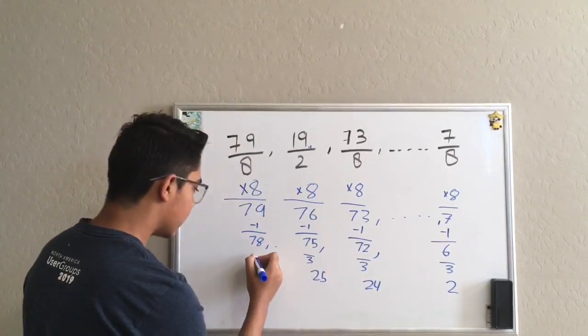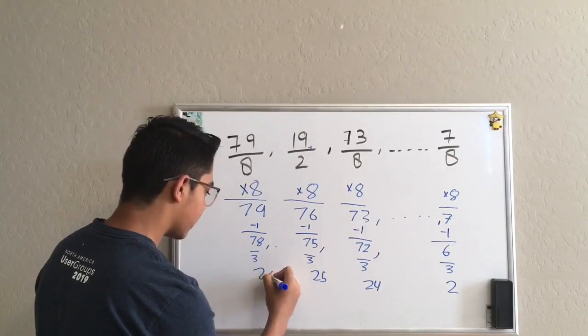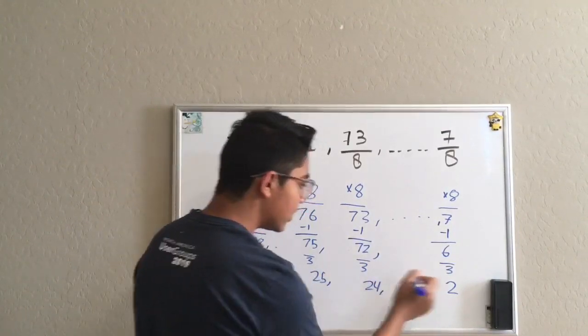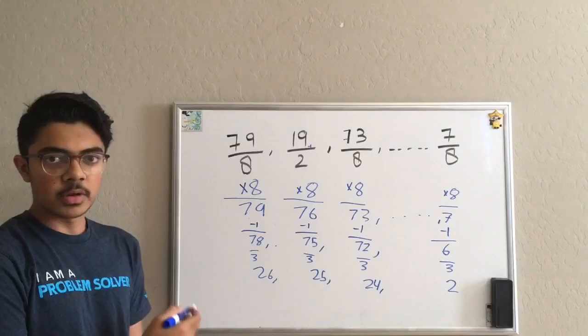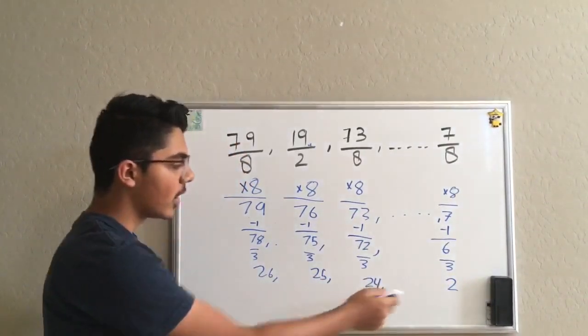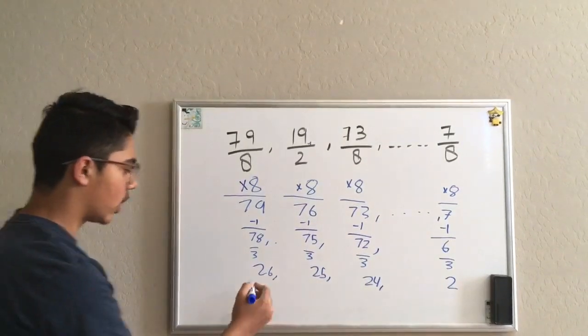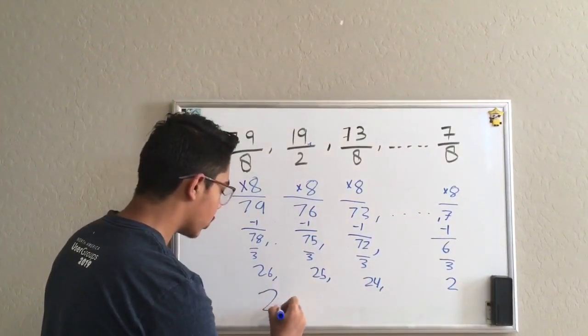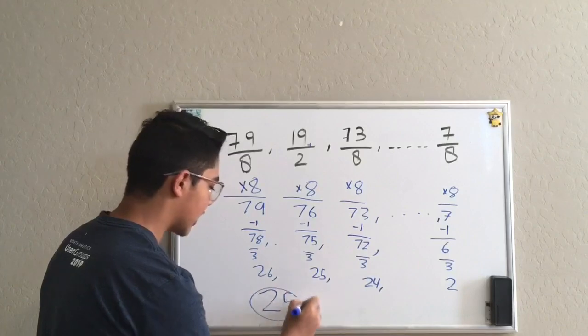And 78 divided by 3 is 26. And now this is a list that we're really good at counting. So we shouldn't have to convert this to 1 because it's just 2. So you just subtract 1 from 26 and you get 25, which is our answer.